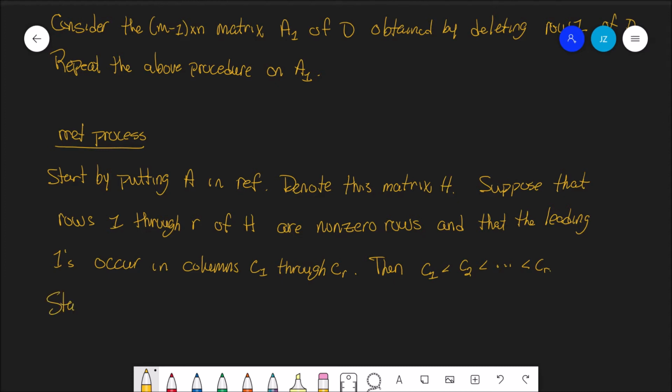We will start with the last non-zero row.